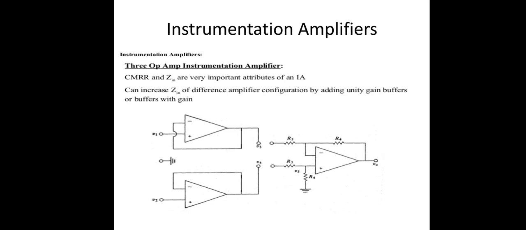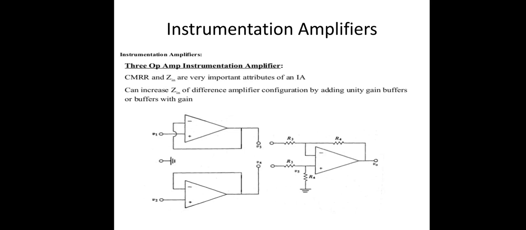V1 and V2 are the inputs applied here. Then V out is the output voltage. Then this circuit again has unity gain. The differential and the common mode input resistances are infinity.